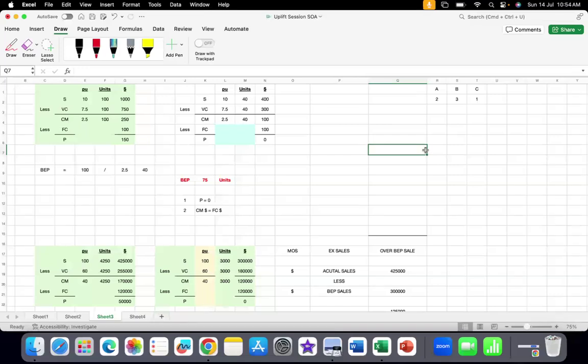Then, to add a twist, after this whole question is done, they'll tell you: what if the company wants to change the ratio to 5 is to 3 is to 2? If this is the ratio they want to maintain, then what would be the break even point? So there you need to calculate three break even points now: one for the single product and two for the different mixes in the question.